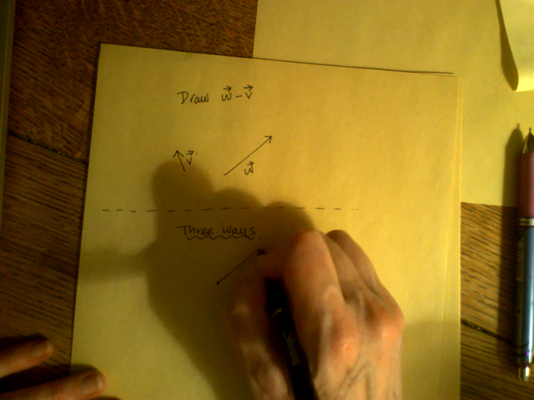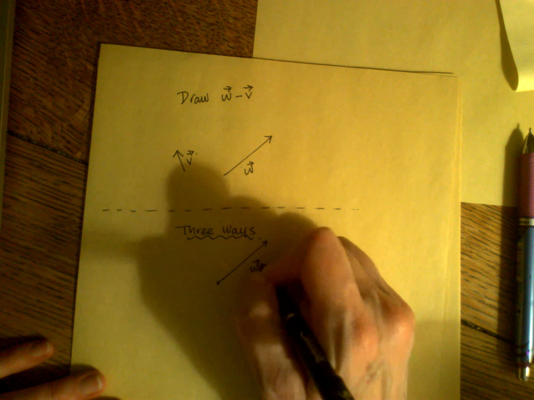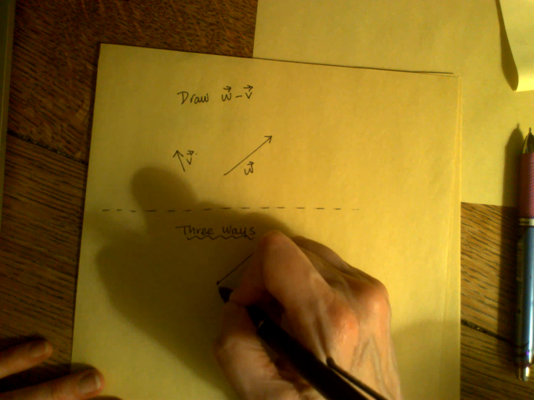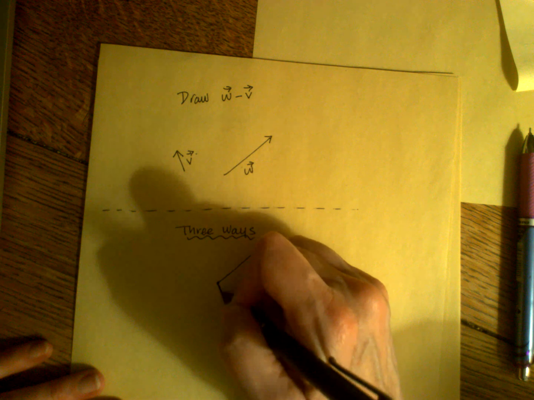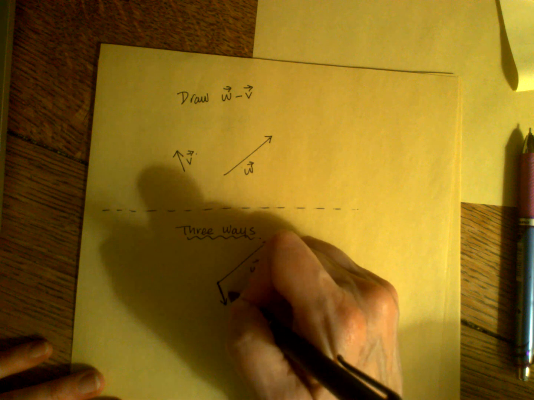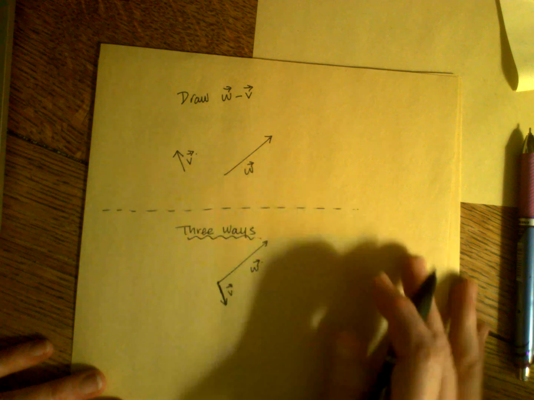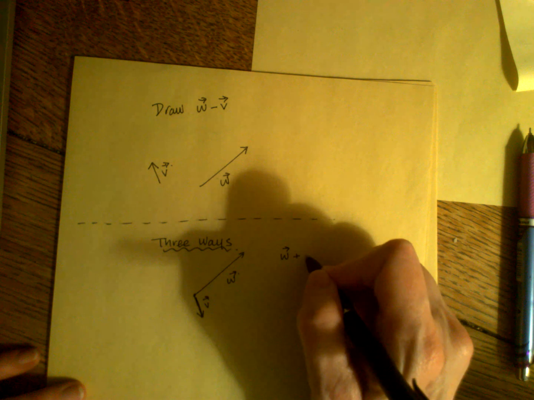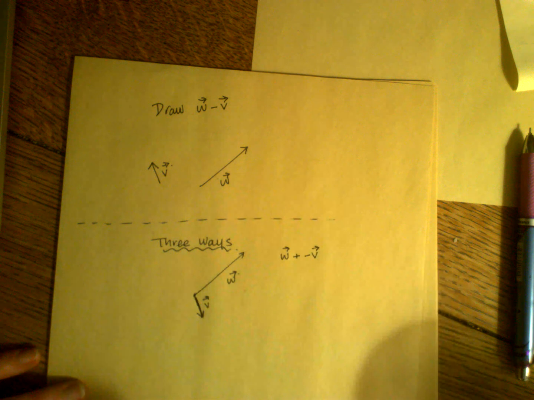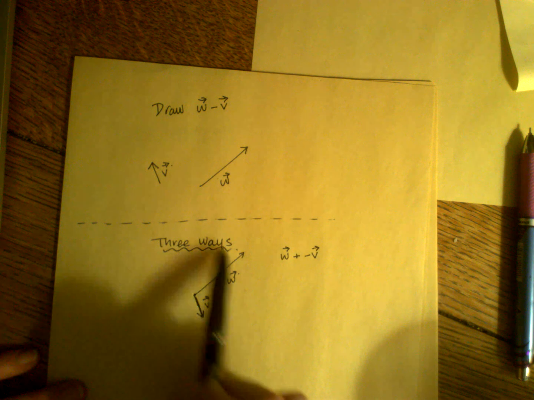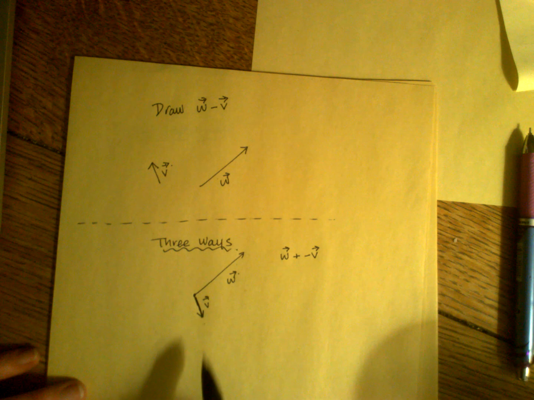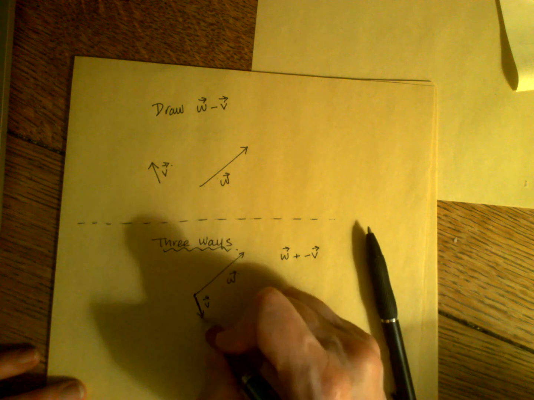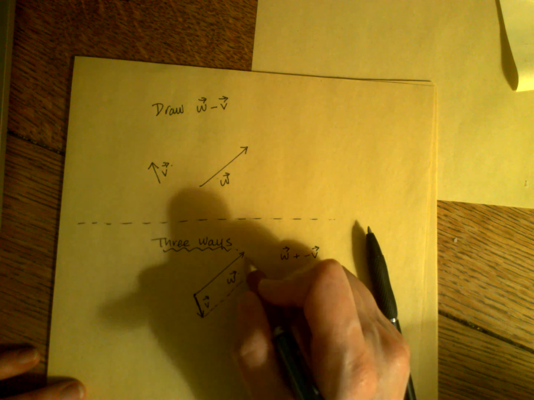is here's W. Okay, and I'm going to draw minus V, so I'm going in the opposite direction. So this is the same length, but in the opposite direction. So there's no subtraction really. What you're doing when you're doing W minus V is you're taking W and adding the opposite of V. The way I'm doing it, tail to tail, I'm going to use the parallelogram law, complete the parallelogram.